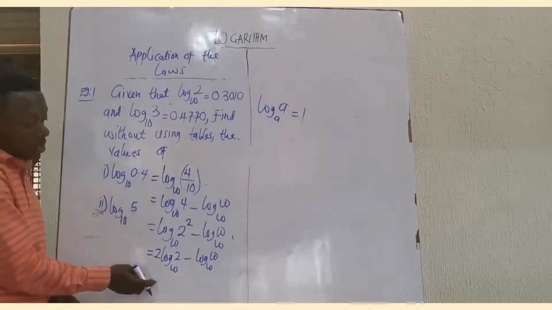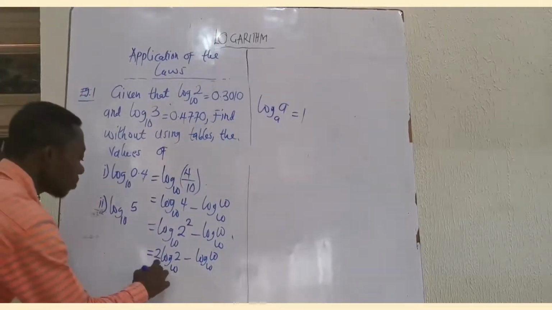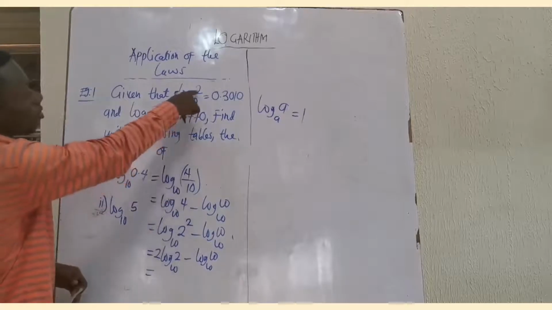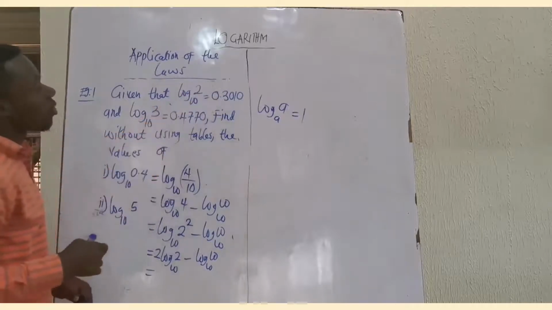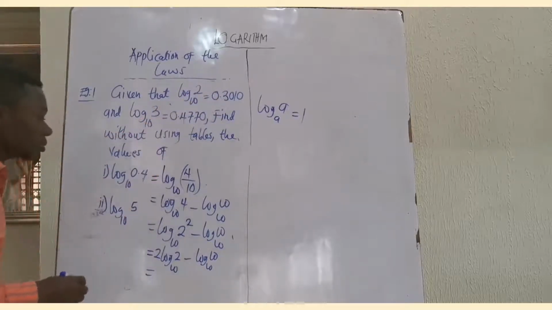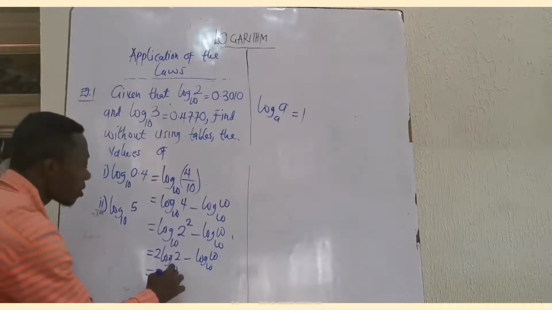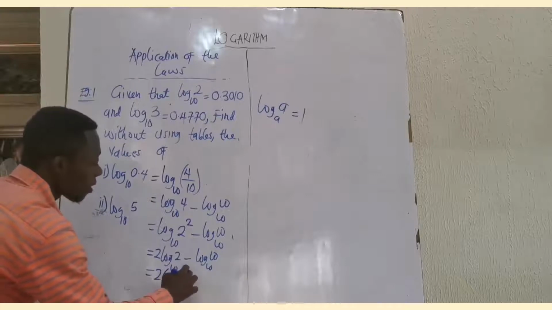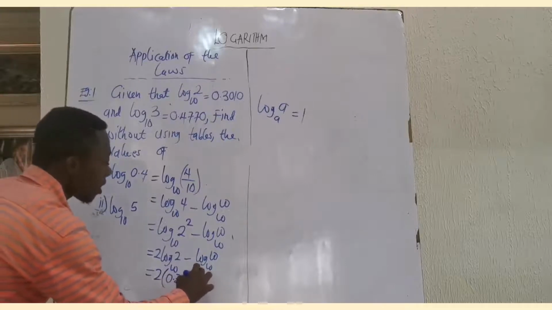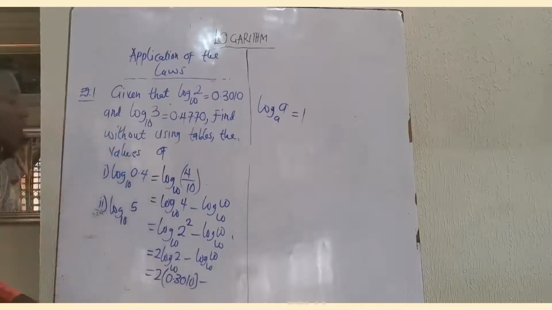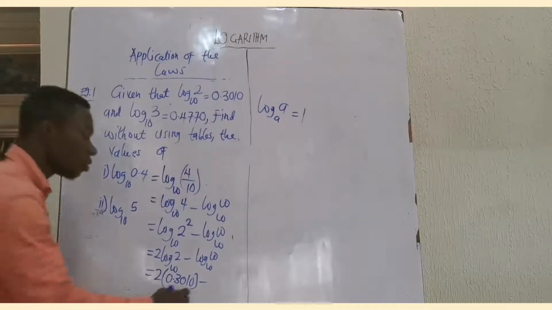Is that okay? Remember I have log 2 to the base of 10 as 0.3010. So to get this, we substitute, and it becomes 2 into bracket 0.3010, minus, I know log of 10 to the base of 10 is going to give me 1.